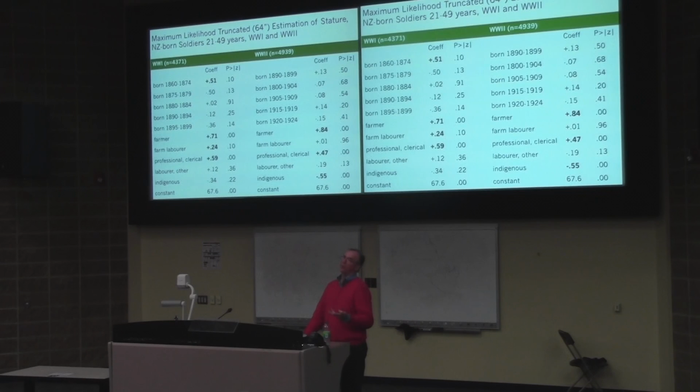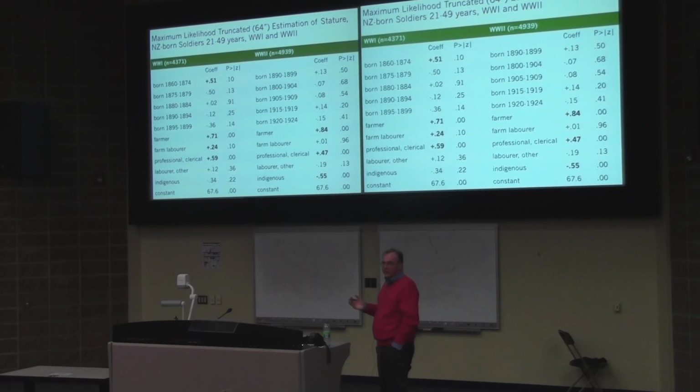The military records give you more socioeconomic detail for the individuals, so you can do the kind of multivariate regression here. So it's a little bit like what was done for South Africa, but it's separating the wars here. And the omitted group, therefore the constant term, that's the white guys. So the bottom line is saying 67.6.